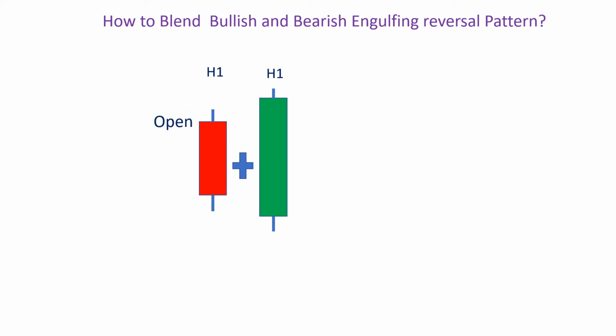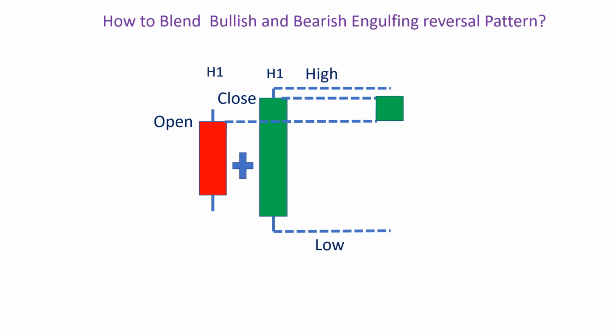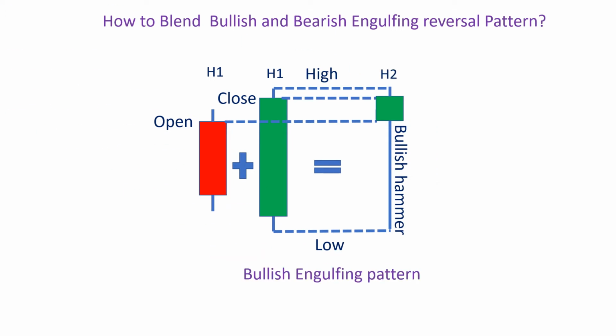Again, we take the open of the first candle, we take the close of the last candle, then we take the portion between open and close, and then we take the high and a low of the pattern. The outcome is going to be a bullish hammer with H2 time frame, and this is bullish engulfing pattern.